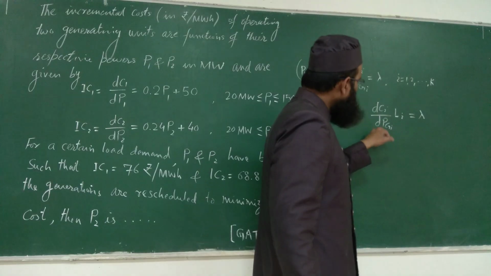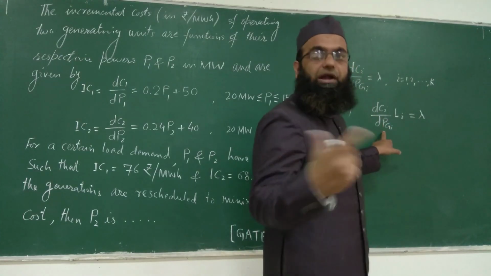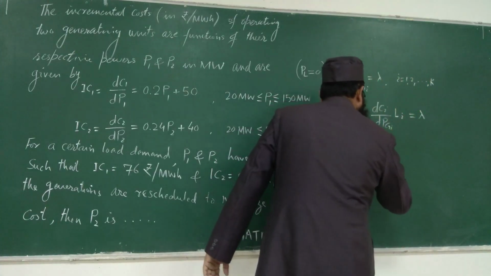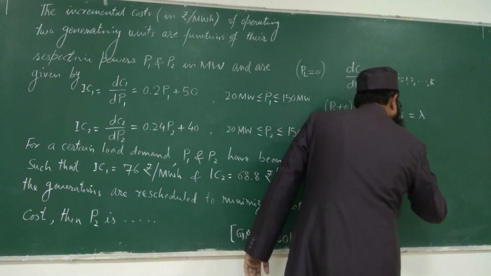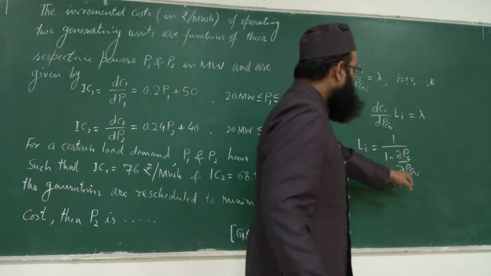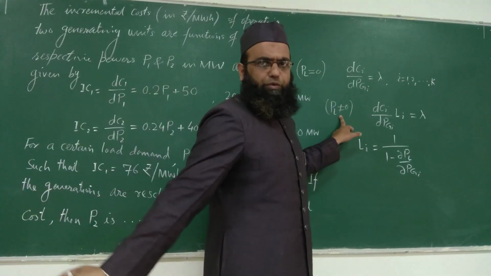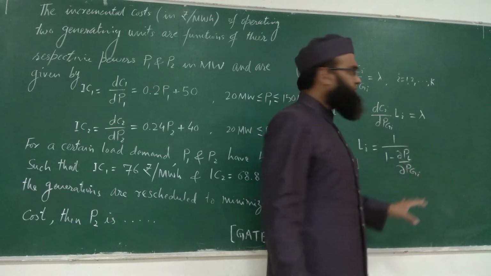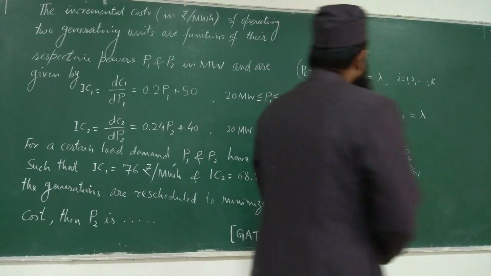So dC1 upon dPg1 times L1 should be equal to dC2 upon dPg2 times L2 and so on up to the kth plant, where the penalty factor Li is 1 upon 1 minus del PL upon del PGi. What is del PL upon del PGi? PL is a function of PG1, PG2, PG3. It is the incremental transmission loss of the ith plant, right? So these are the two cases, and based on that, various questions can be solved.